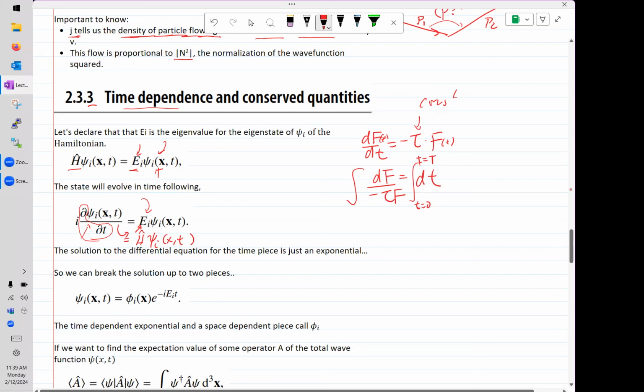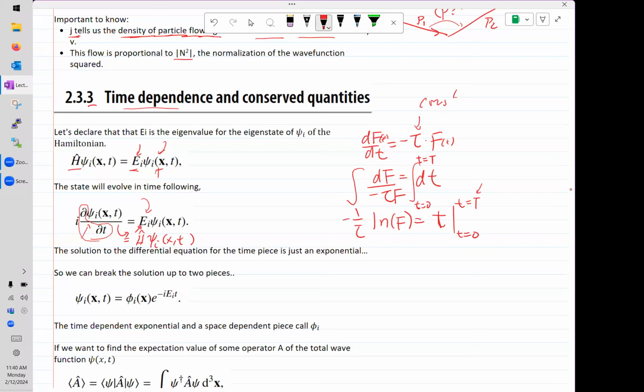So the integral of this, you can factor out this 1 over tau. The integral of 1 over a function is just the natural log of that function. And this is just a constant integral, so this will just be evaluated from little t equal to 0 to capital T, which is just some time that I'm defining later.